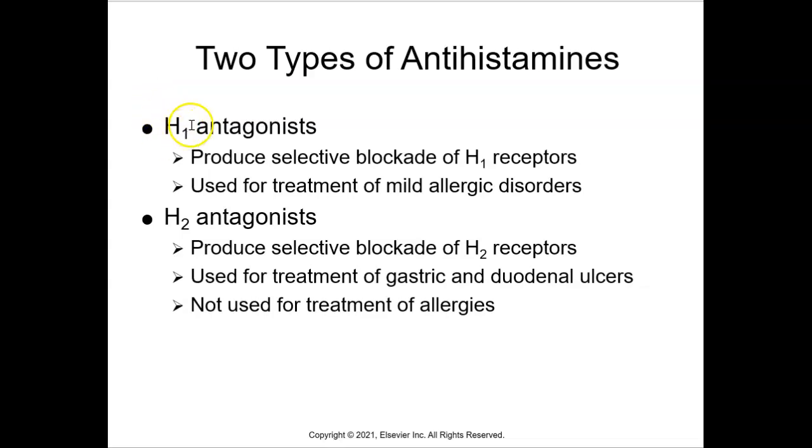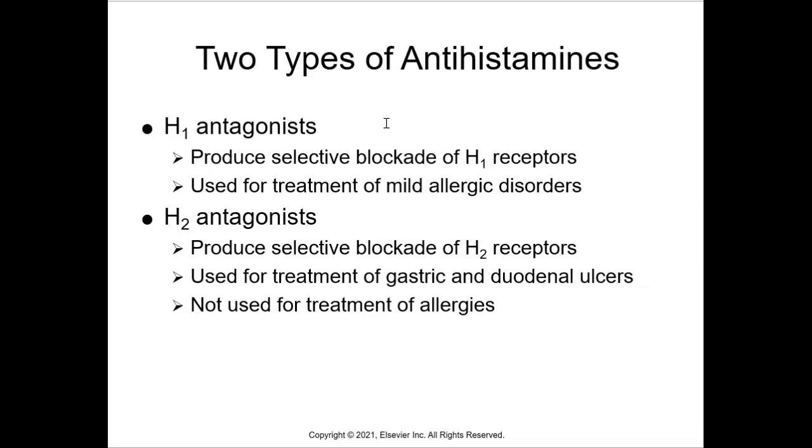If I give an H1 antagonist, some people will still call it an antihistamine, but specifically at the H1 receptor sites, we are blocking that, so histamine cannot bind to the receptor. For H2 antagonists, people still use the general term antihistamine, but this is where we would be blocking the H2 receptors. So when people use this term interchangeably, it is not truly representative of what we're doing.